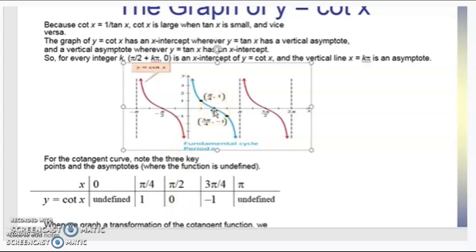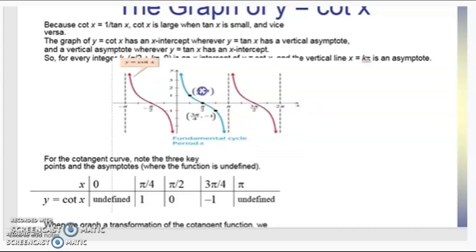Of course, this time our graph is the half of the parabola opening upward but to your left, joined with the half of another parabola opening downward to your right. Of course, graphs for the cotangent and tangent function approach our asymptotes, but they do not cross the asymptotes.